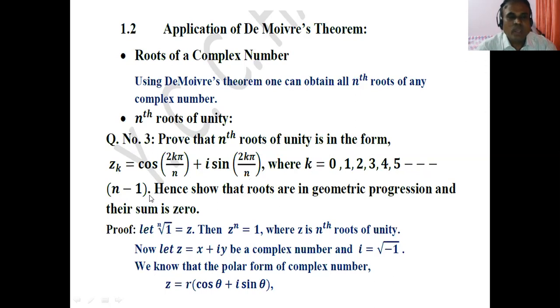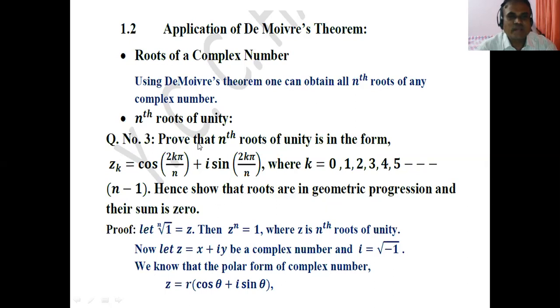So we have to prove this formula, and hence also show that the roots are in geometric progression. The nth roots of unity are in geometric progression and their sum is 0. So these we have to prove.